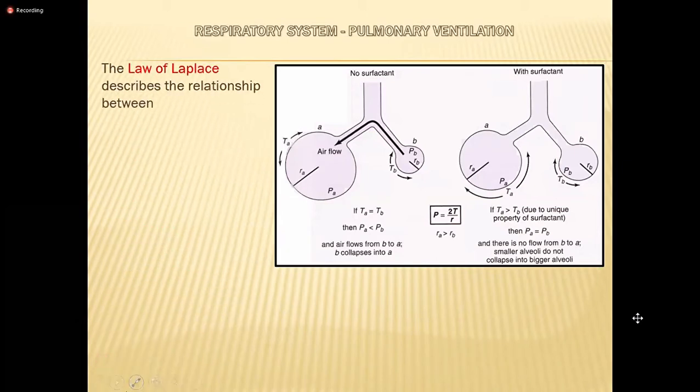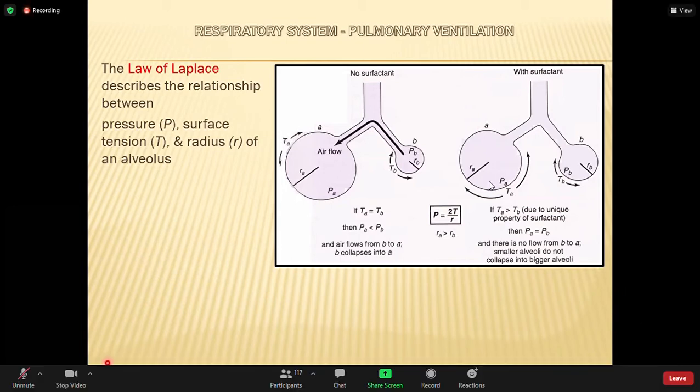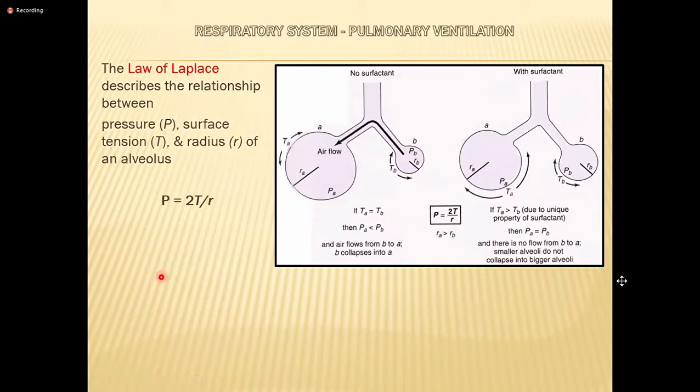The law of Laplace describes the relationship between the pressure, surface tension, and the radius of an alveolus. Pressure equals 2T over R. Say there is no surfactant here, and then this alveolus has surfactant.